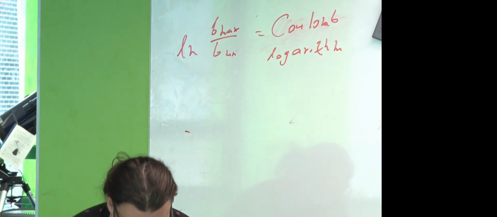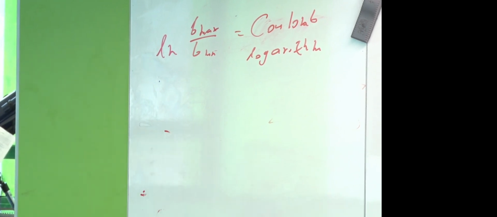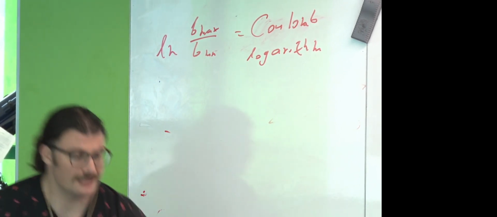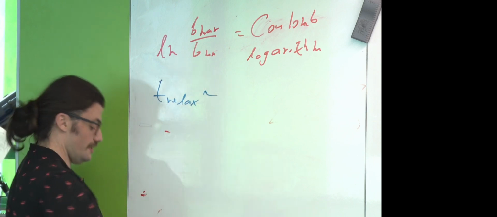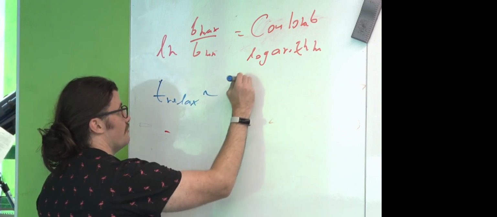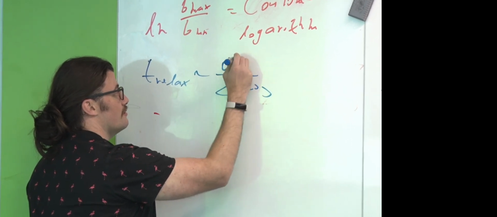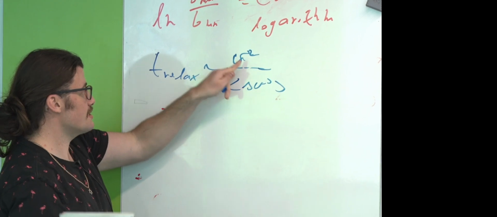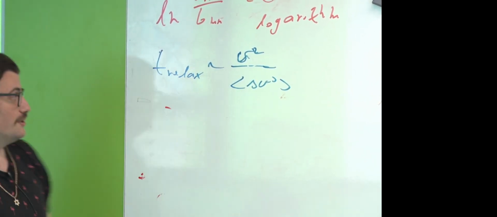Finally, I think we can just write down the relaxation time. Basically the relaxation time should be this thing over delta v squared. It's basically how long it takes this quantity to change by the order of itself.